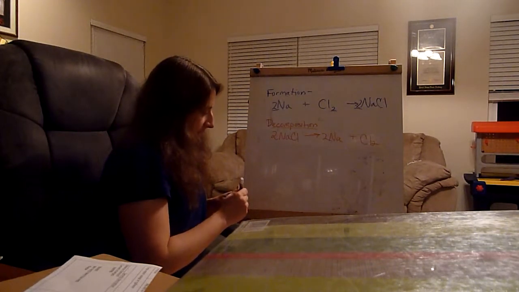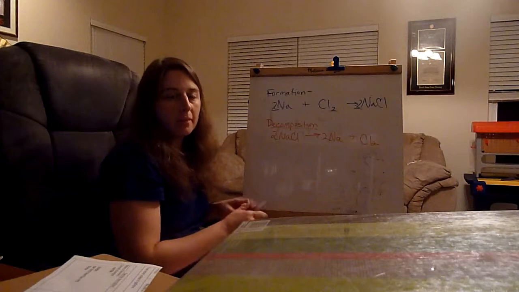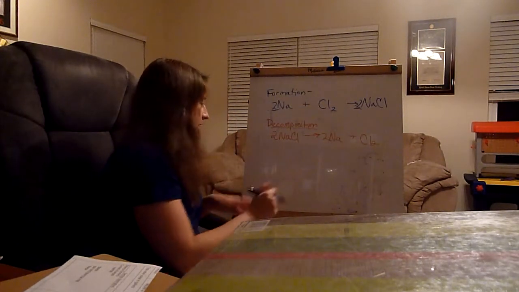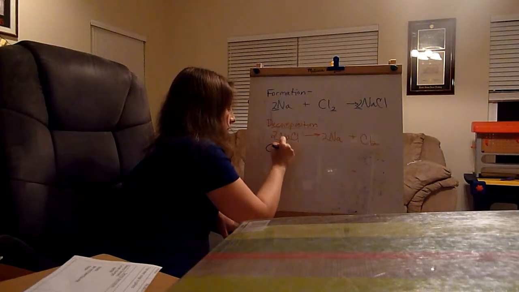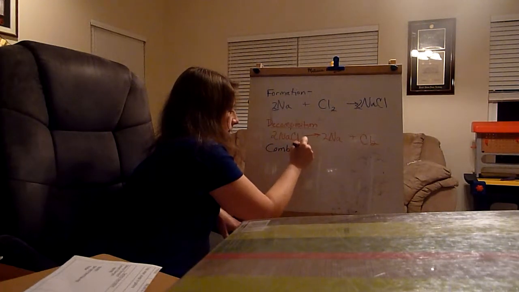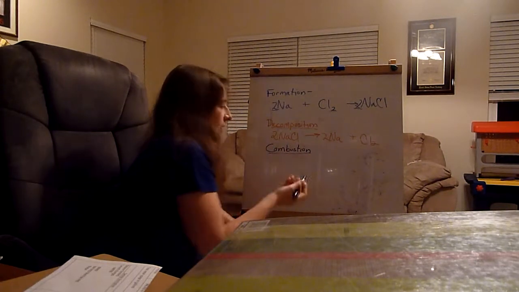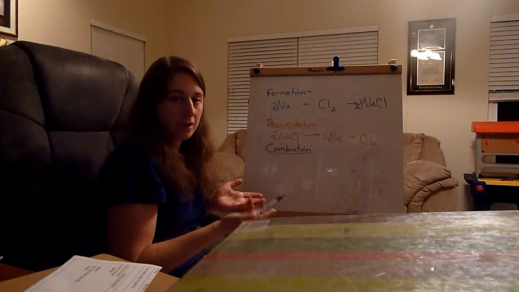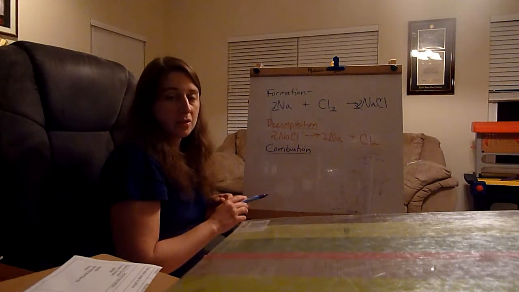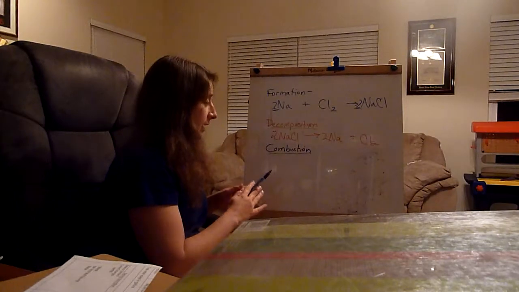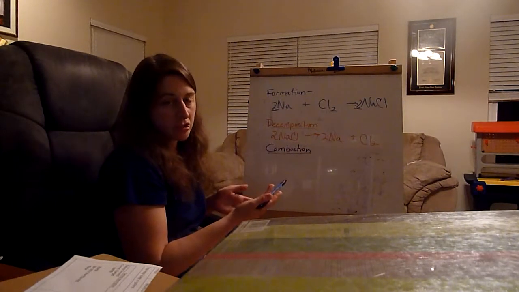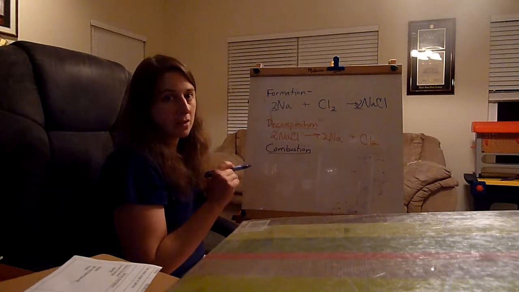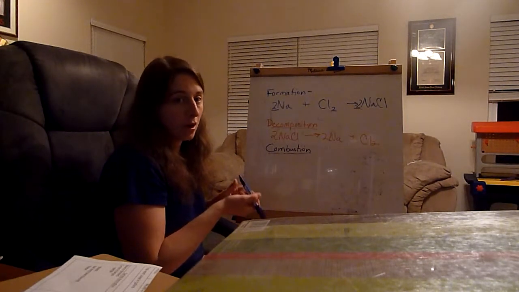The third and last type of reaction that we studied last week is the combustion reaction. Combustion reaction always has something that can react with oxygen in the air. So you have 2 reactants, the thing that is burning and the oxygen in the air. You also have always 2 products, the same 2 products, carbon dioxide and water.